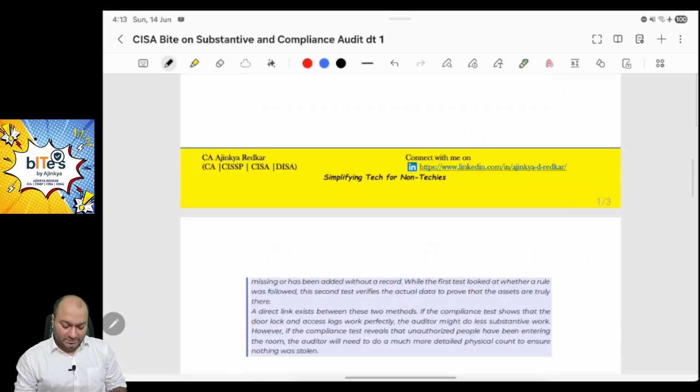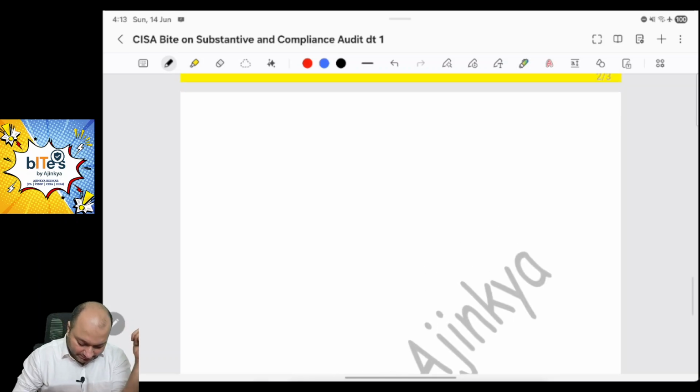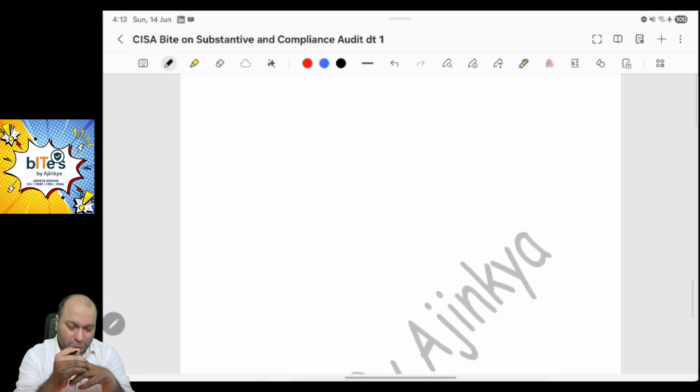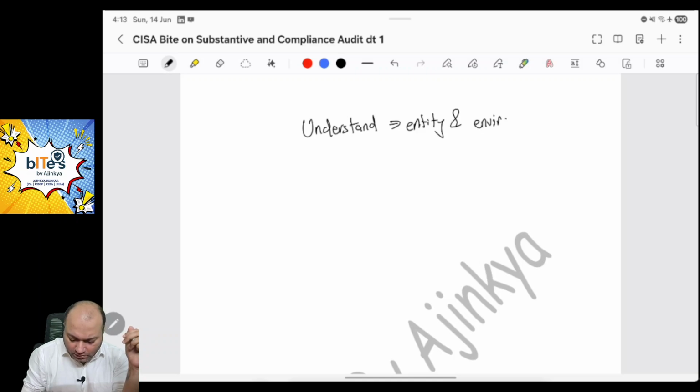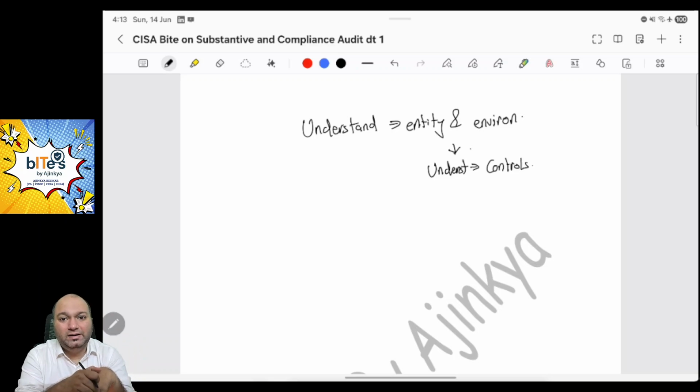Now, let me write it down. Okay, so let's say we have two testings for any auditor while doing the audit. First, he has to understand the entity and the environment. While understanding, he has to understand the controls as well. Now, how will an auditor understand the controls?